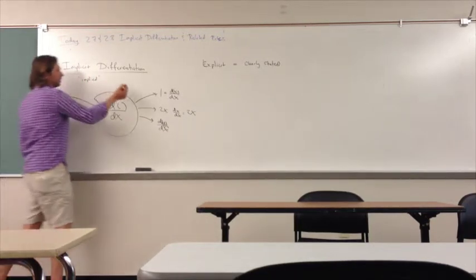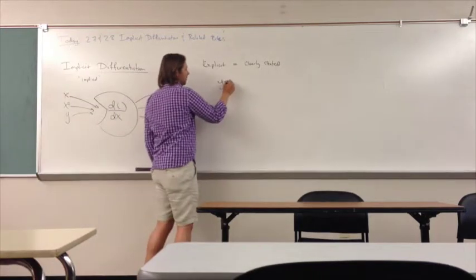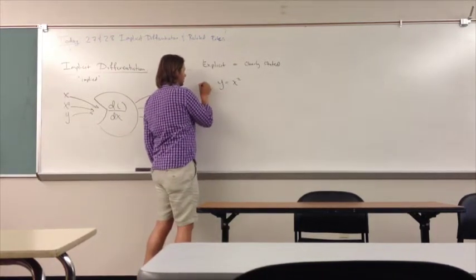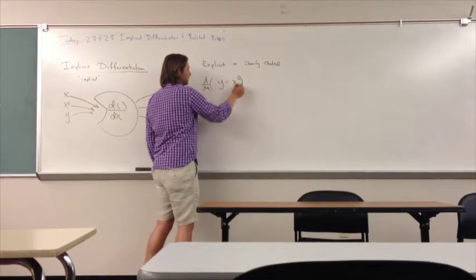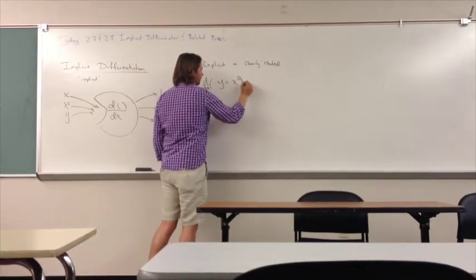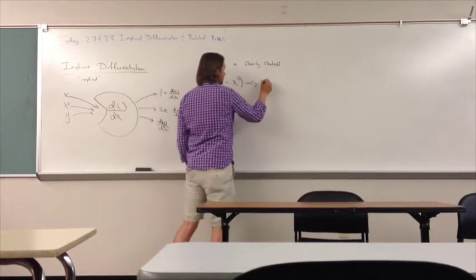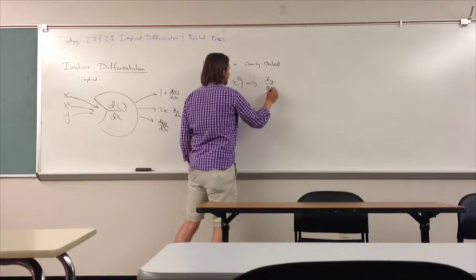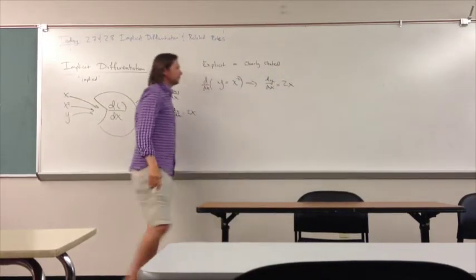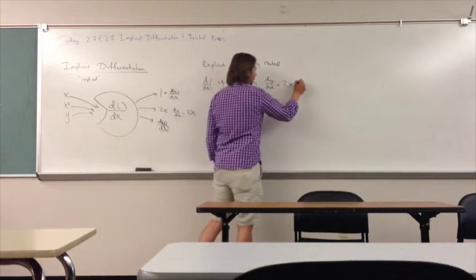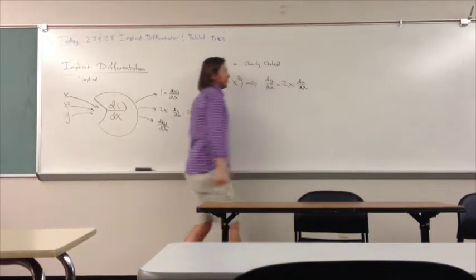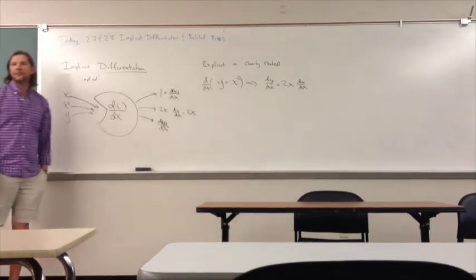When you saw an explicit equation, y equals x squared, and I told you to feed it to d dx, it gave you dy dx equals 2x. You probably didn't write it, but you could have written dx over dx.